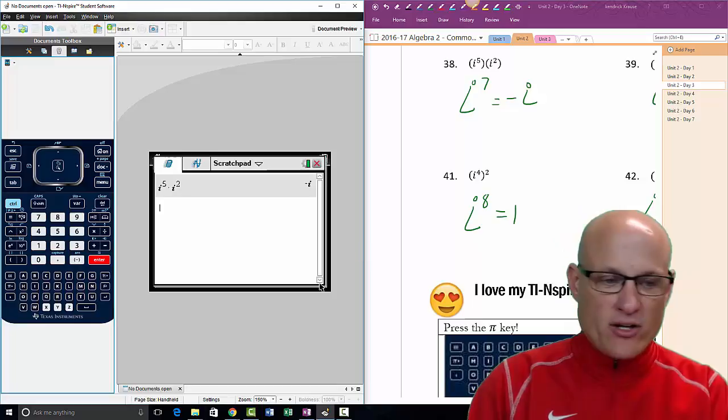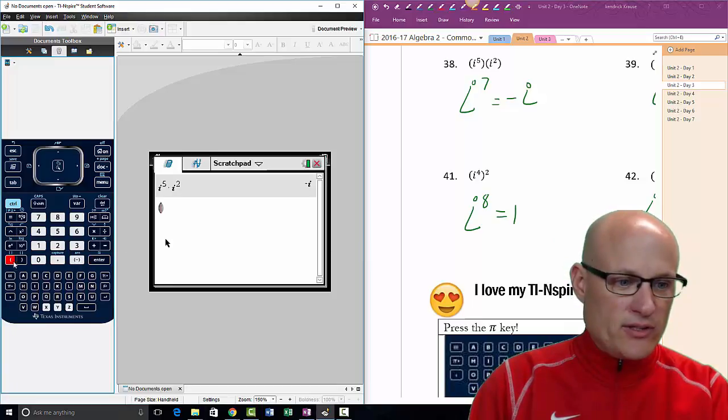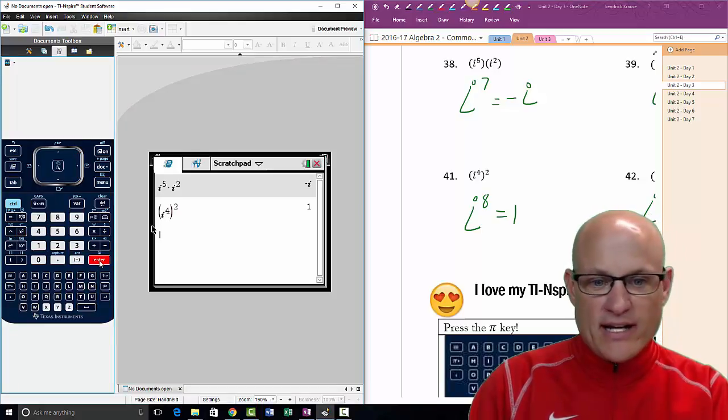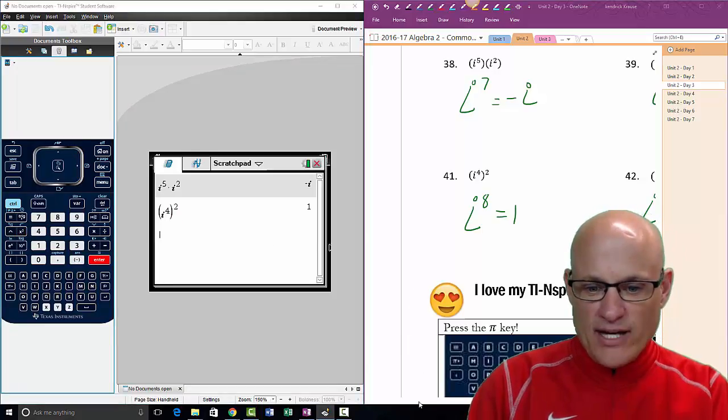Let's do the one that's right here on the bottom so we can do them two at a time. So parentheses, i raised to the 4th, squared. That's i to the 8th, which is 1. So actually our calculator is kind of nice. It does a lot of this stuff for us. Let me just do one more.